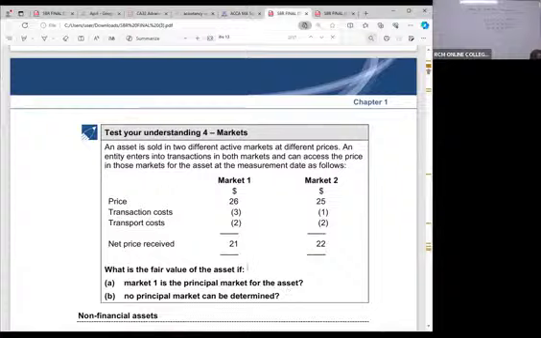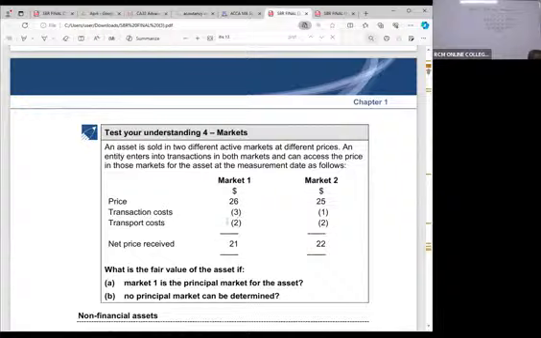So if market 1 is being used, how do we get this fair value? I will take the price of this particular asset, which is 26, and then you subtract other costs other than the transaction cost. Transaction costs are very irrelevant whenever it comes to calculations of fair value according to IFRS 13.